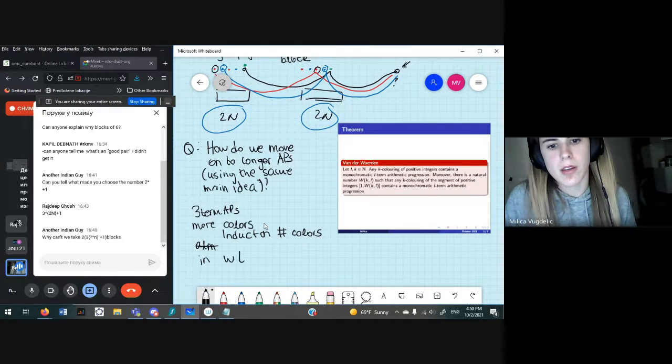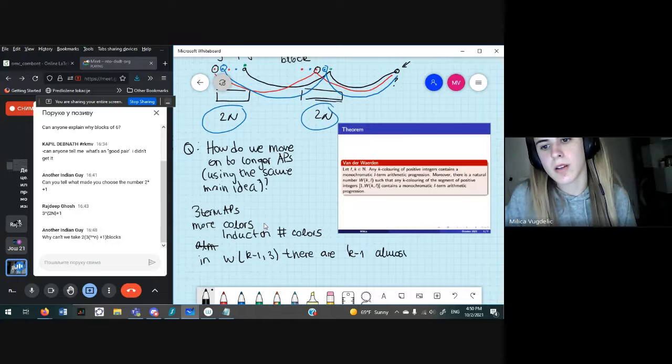In V, K minus 1, there are K minus 1 almost good pairs occurring at the same thing.